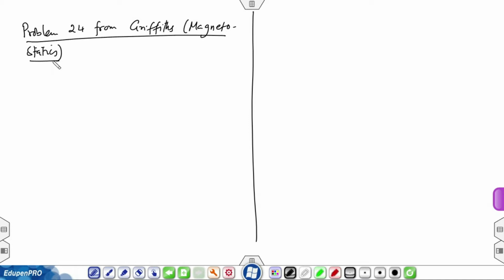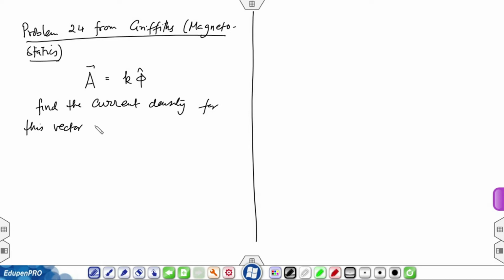What you are given is, if the vector potential somewhere is given as k phi hat, find the current density for this vector potential.